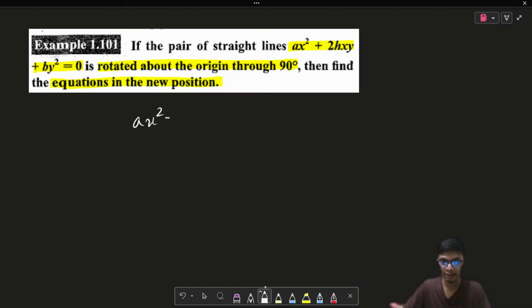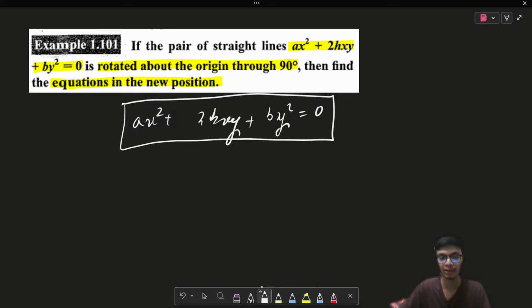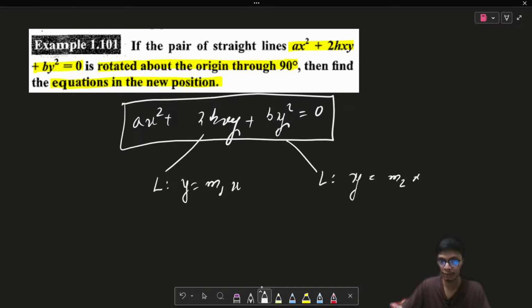Now we have this simple case of a homogeneous pair of straight lines, which is basically two straight lines passing through the origin, right? This particular equation is the homogeneous equation of straight lines, which means one line I can assume as y is equal to m1x, and another line I can assume as y is equal to m2x, right?